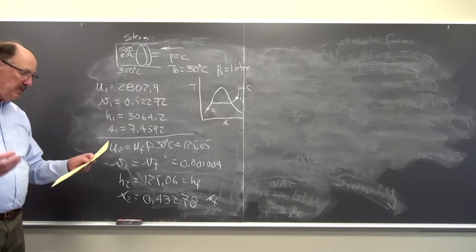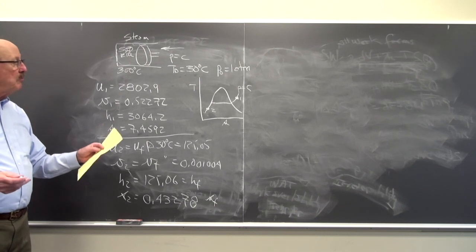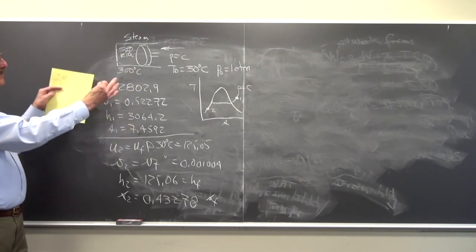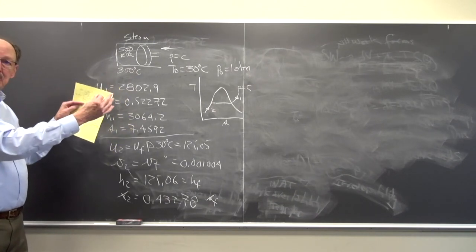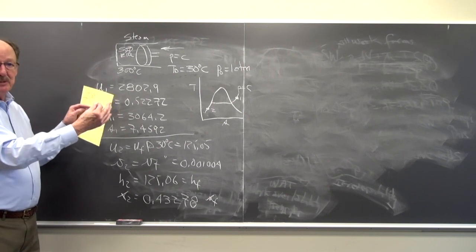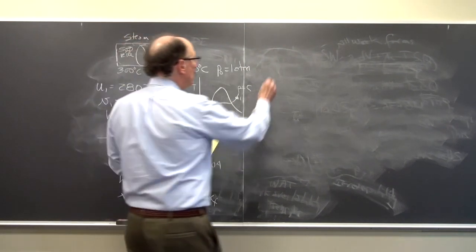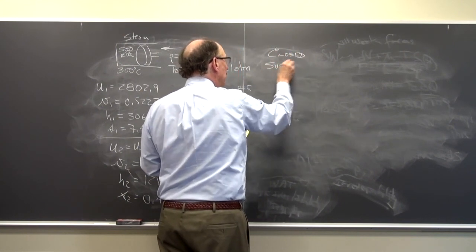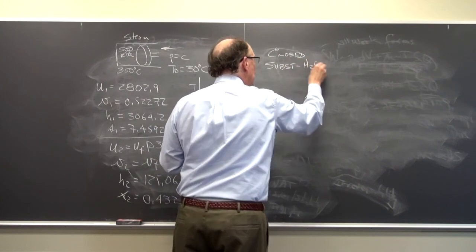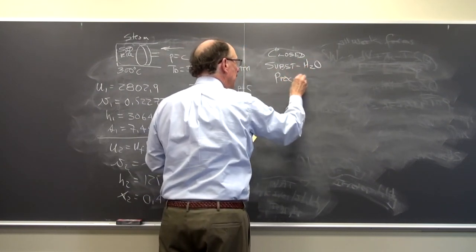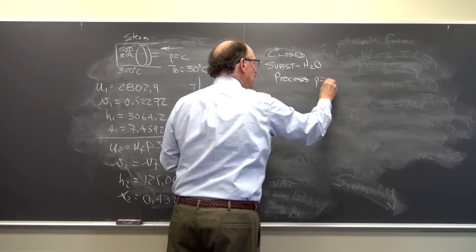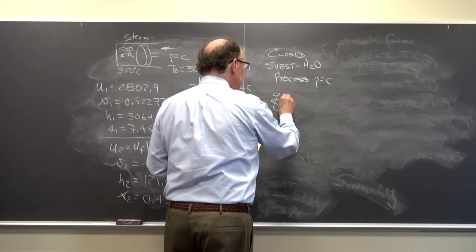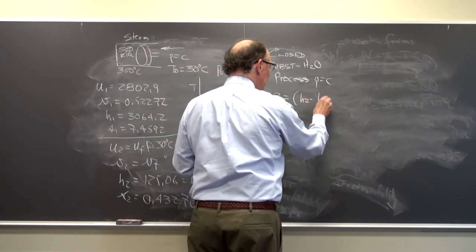And so we would be interested in finding Q. Perhaps I should back up. We're always going to look at this with the methodology we have for first law analysis to find the first law terms. So we know it's a closed system. The substance is water. The process is P equals C. And we know for a closed system with P equals C that Q is equal to H2 minus H1.